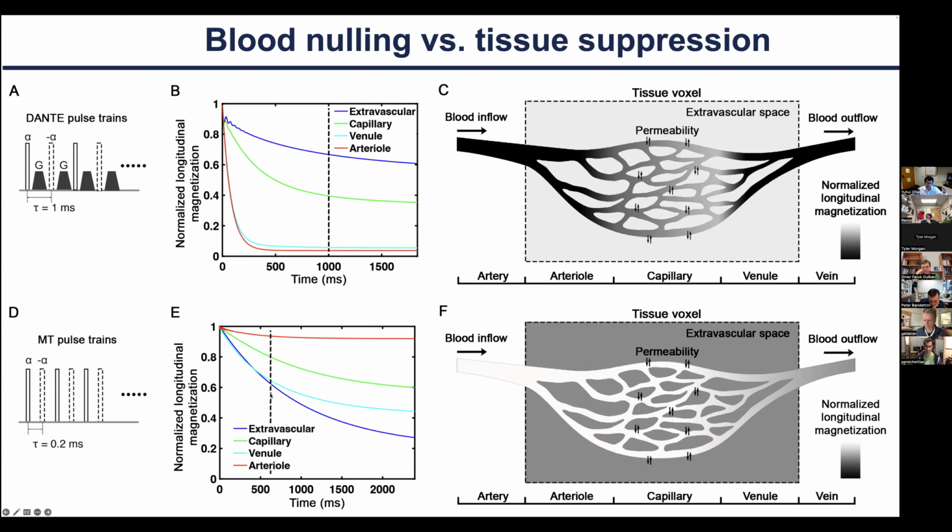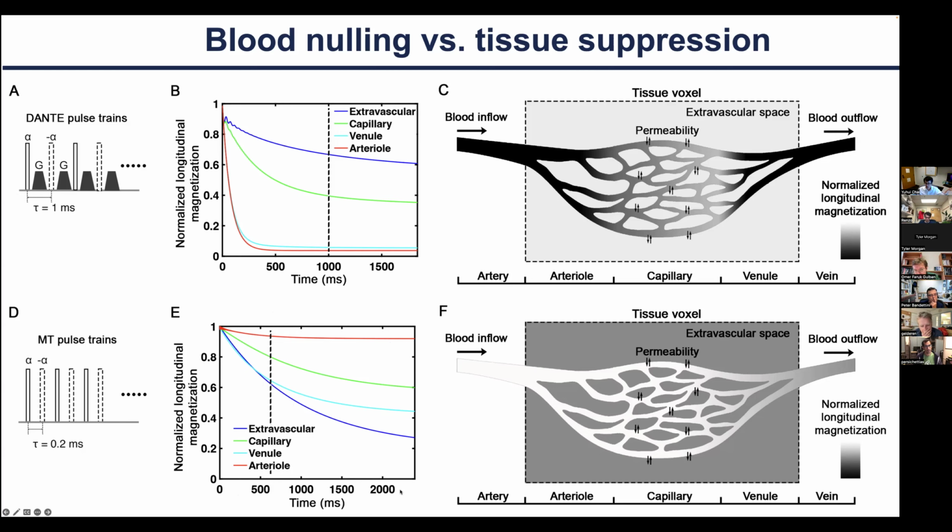If we do a simulation of this effect, the red curve, the arterial blood signal, will be very weakly affected by the MT pulse. But the tissue signal, the blue curve, will be suppressed to a low level as you apply more and more pulses over time.